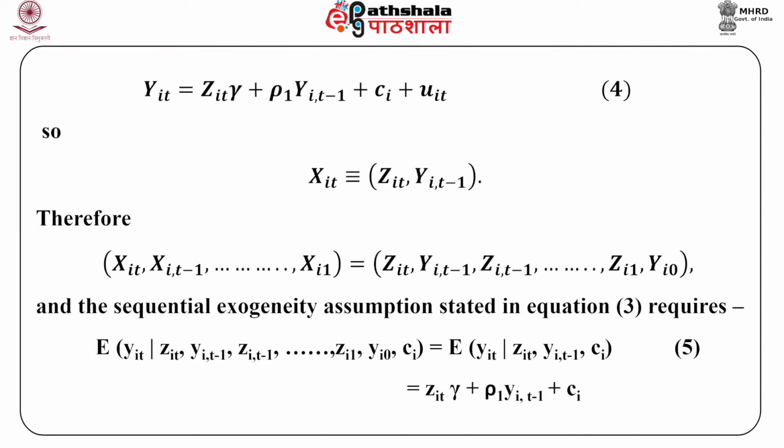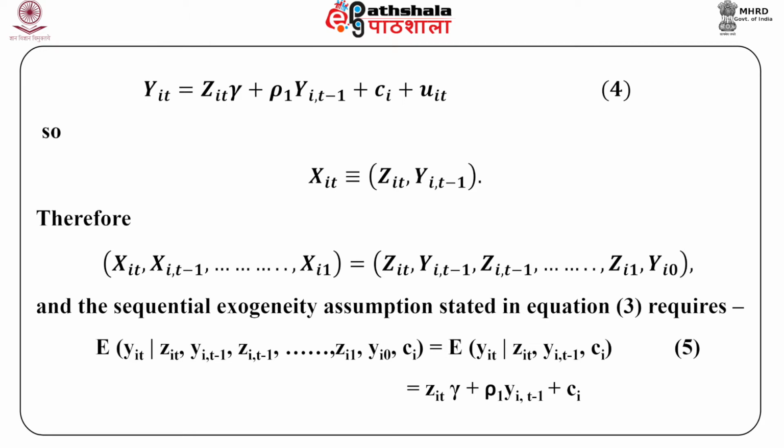So X_it is congruent to (Z_it, Y_i,t-1). Therefore, X_it, X_i,t-1 up to X_i1 is equal to Z_it, Y_i,t-1, Z_i,t-1, and so on up to Z_i1 and Y_i0.